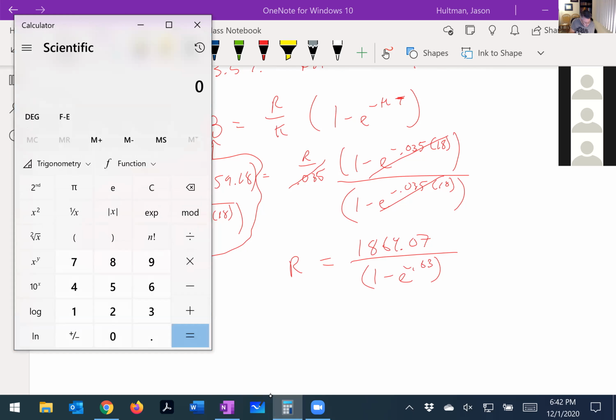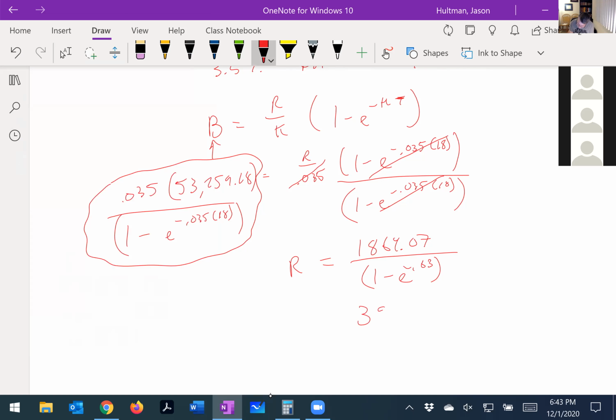So let's take our 1864.07 and divide it by 1 minus e raised to negative 0.63, close parentheses, equals $3,988.10.